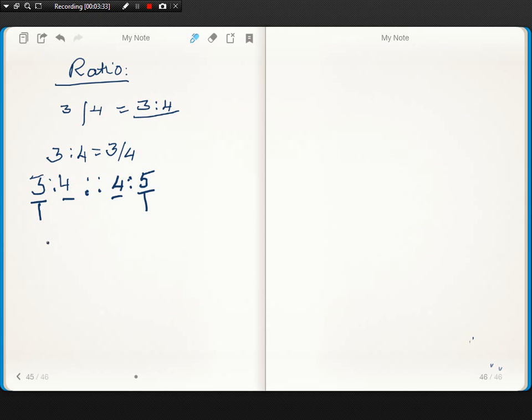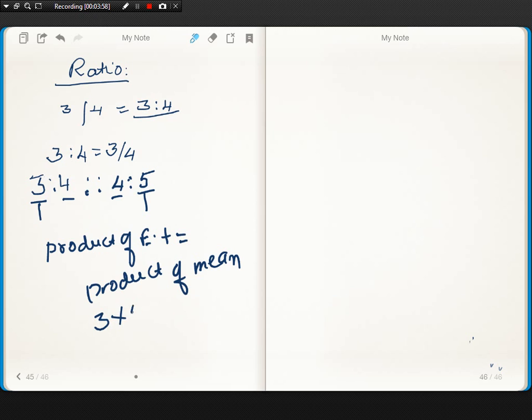The product of extreme terms is equal to the product of mean terms. The product of extreme terms is 3 into 5, which is equal to 4 into 4, or not? 3 into 5 is equal to 4 into 4.